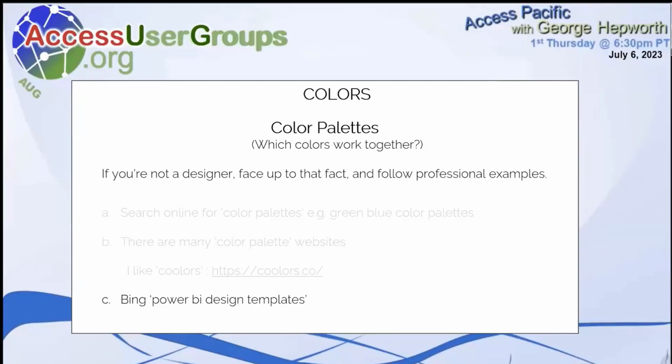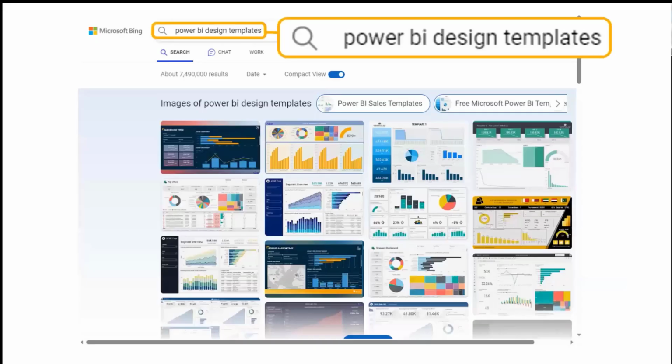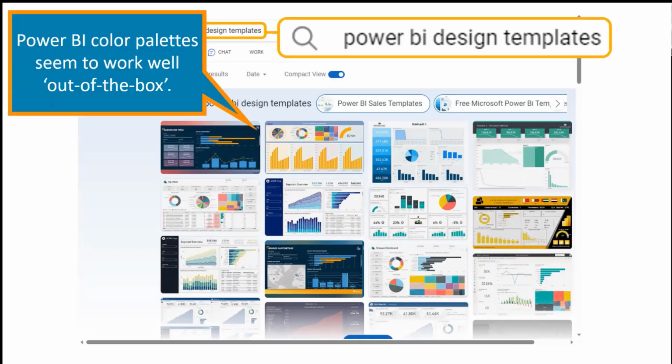The other thing I often do is search for Power BI design templates, and it comes up with a range of images. The thing I like about Power BI is that I think Microsoft have done a good job of color choices.